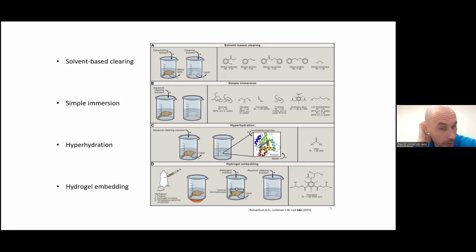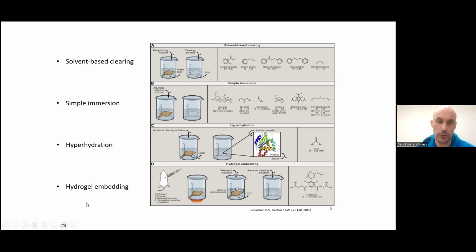And then we have the last group, and that is hydrogel-based protocols. So the idea here is that you want to use a very strong detergent, so SDS mostly. And so you want to sort of remove all the lipids from your sample with this harsh detergent.